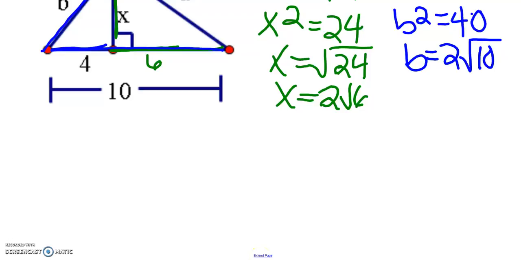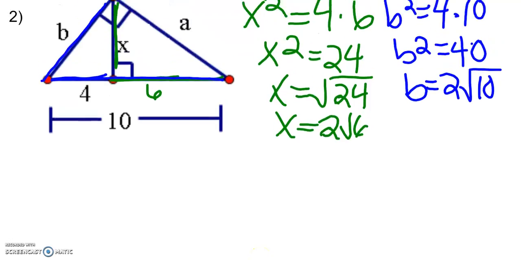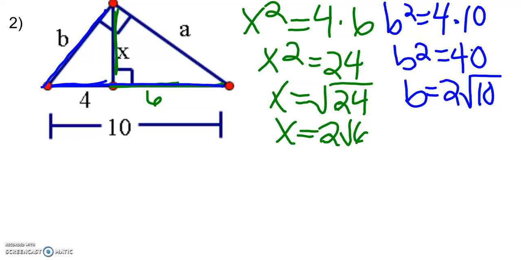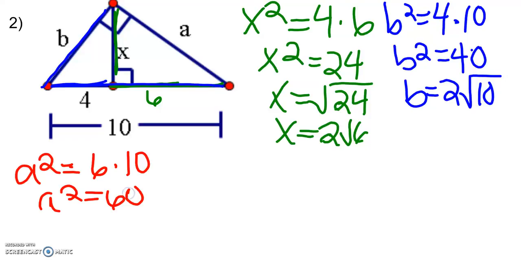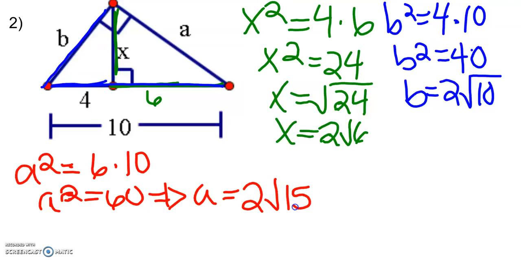And then lastly, we're going to have side a. So a squared equals 6 times 10. A equals 2 square root 15.